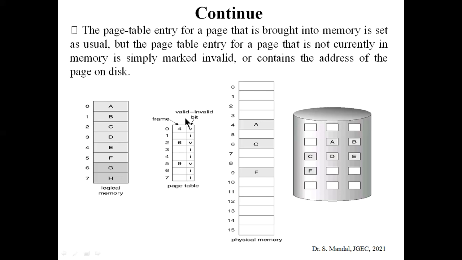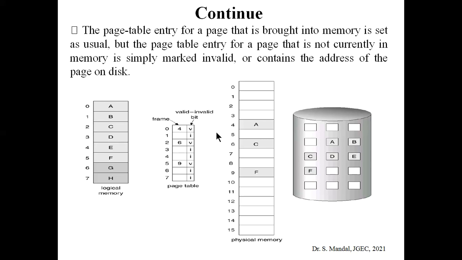So the extra feature is the valid-invalid bit, which indicates whether the respective page is in main memory or not. If the particular page is already in main memory, that means the page is valid, and the value will be 1.